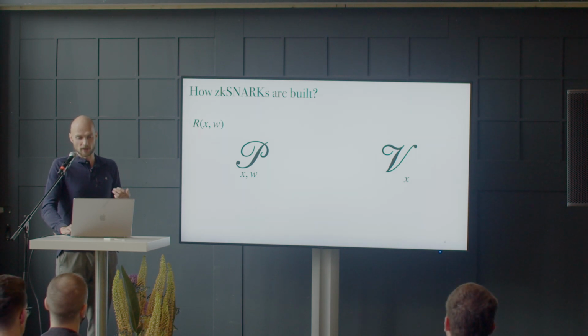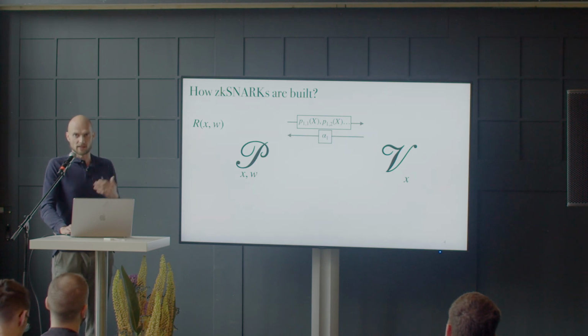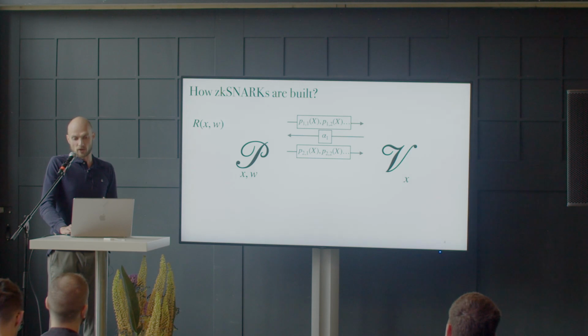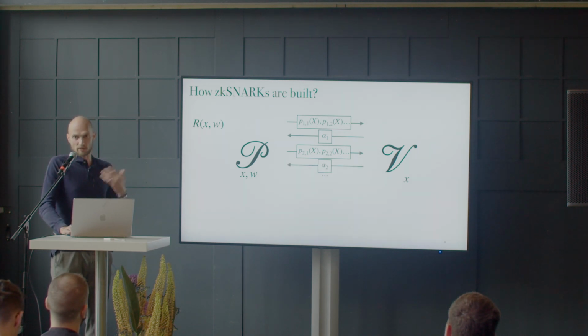To convince the verifier, the prover sends a bunch of polynomials, P11(x), P12(x). Then the verifier sends a random challenge. The prover responds with another set of polynomials, and it goes back and forth.